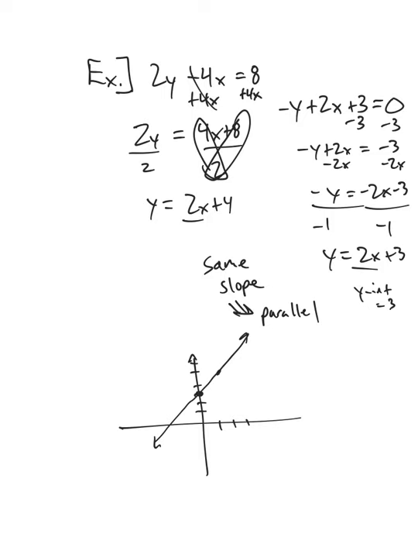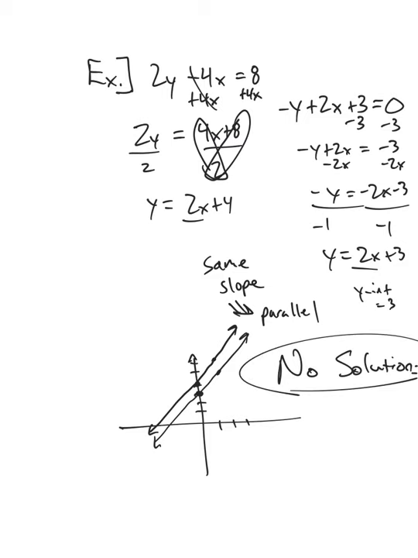Okay, and if we graph the other, it has a y-intercept of 4. We're going to go up 2, right 1. Okay, so we're going to see these lines are parallel. So if they don't intersect, no points in common, we say that there are no solutions.